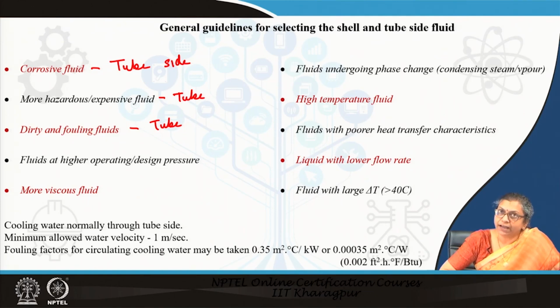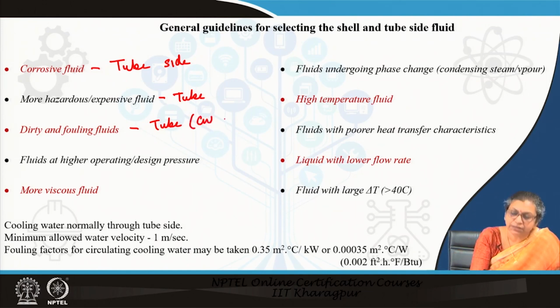Next thing is, while flowing in the tube, there are lesser areas of stagnation points, right. The flow is much more uniform. So, therefore, when there are lesser stagnation points, there are lesser areas where the fouling fluids can accumulate. This is the reason why generally cooling water is the most common coolant that we use.